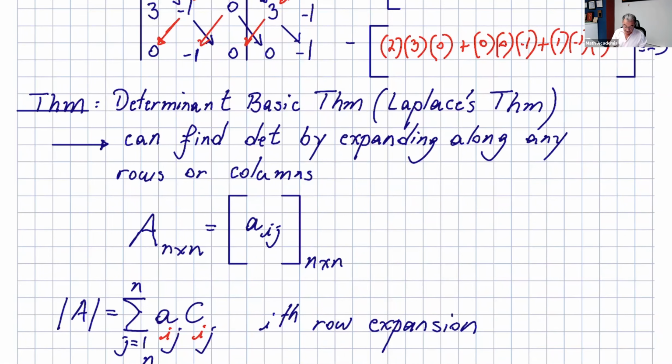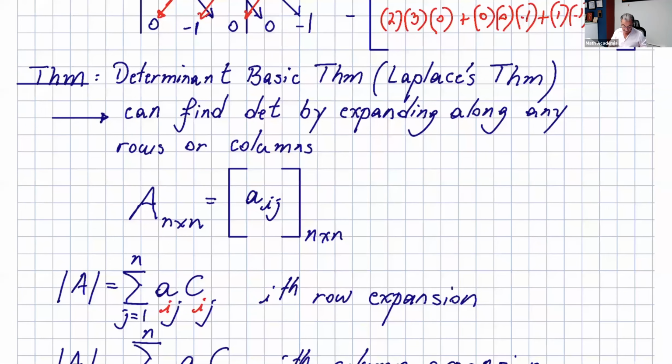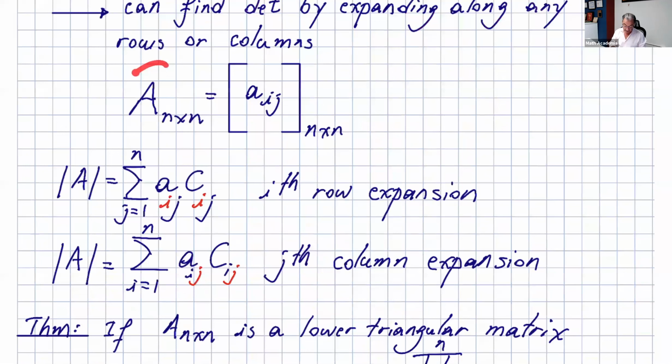There's a basic theorem for the determinant, and that's Laplace's theorem. It says you can find the determinant by expanding along any row or column. So if you want to find the determinant of a matrix A, it's going to be the sum of Aij times its cofactor. This is for any row; I put the ith row expansion. We saw the example for the first row.